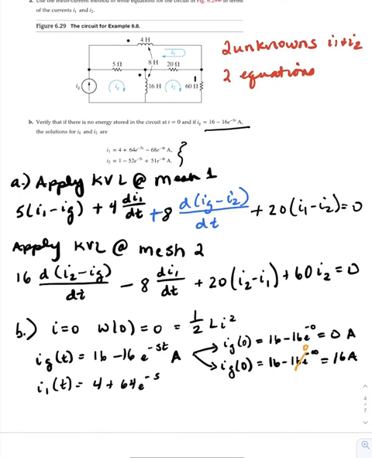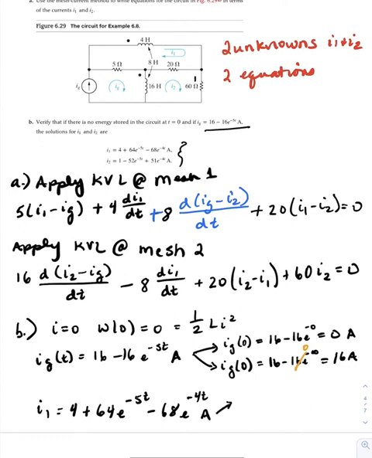You know what, I'm going to move that down a little bit because it's running into each other. Plus 64 e to the minus 5t minus 68 e to the minus 4t amps.